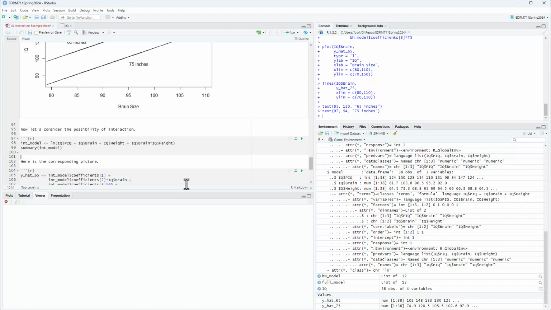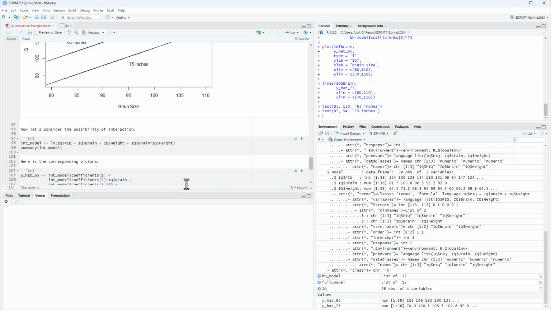And in fact, that's what R is going to assume, that anytime you put in an interaction, it will automatically put in brain and height. And meanings change, and change in ways you would have to really dig deep and think carefully about how to interpret if you take those out when you're putting interaction in.